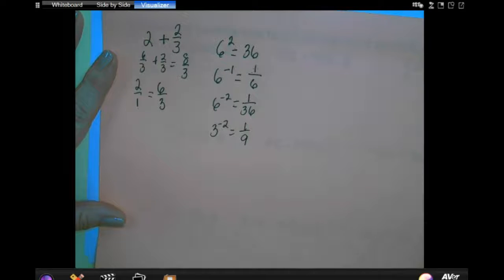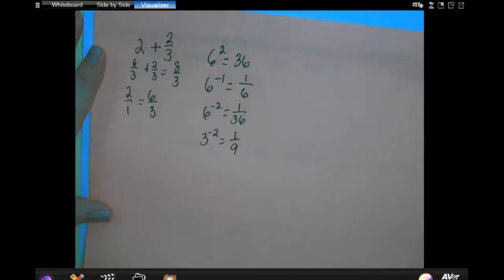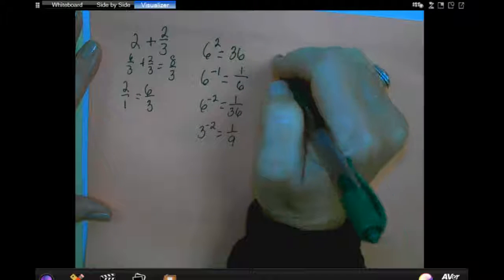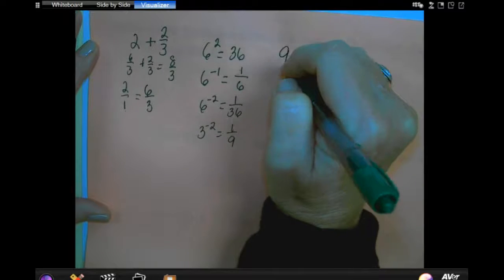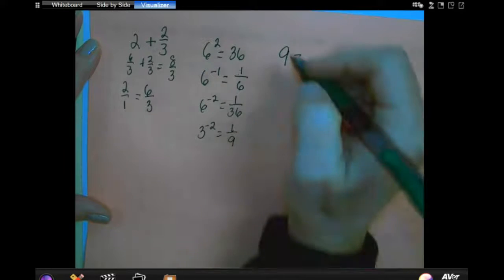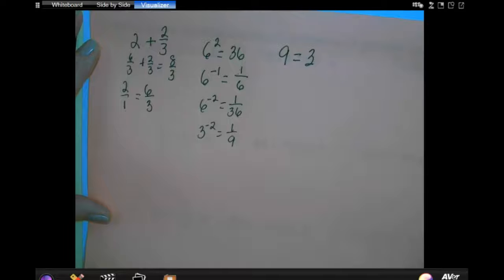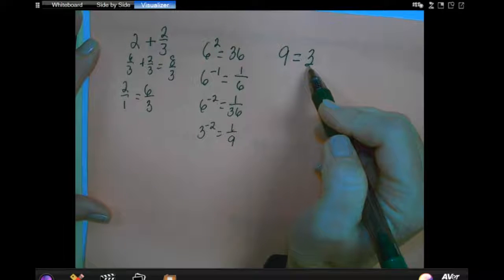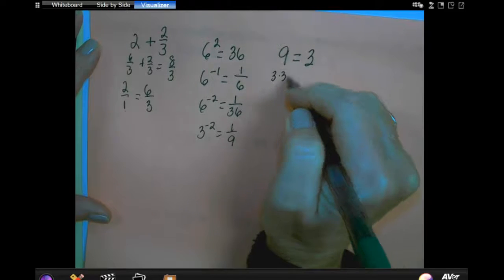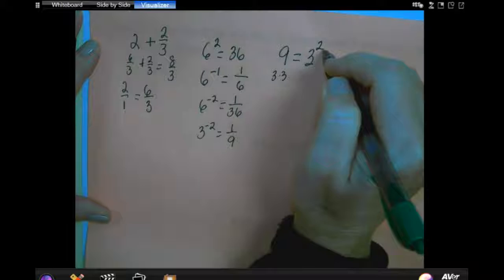So, if I have the number 9 and I want to write it with the base of 3, 9 is 3 times 3. How many 3's are there? 2.